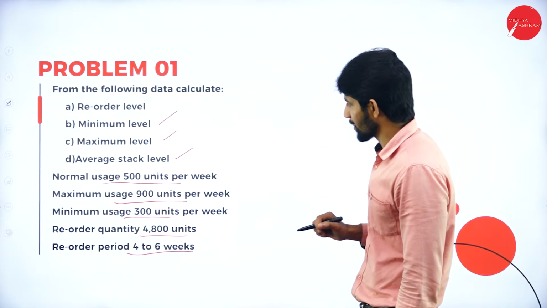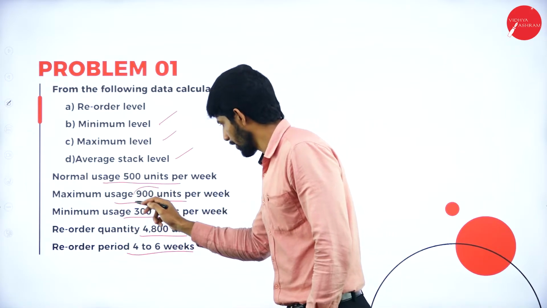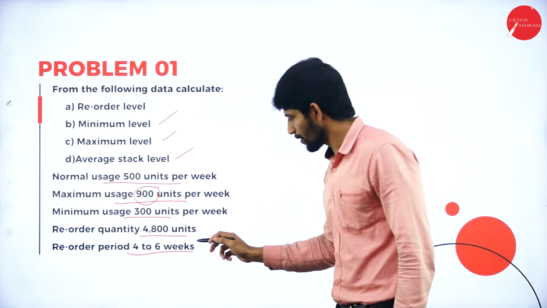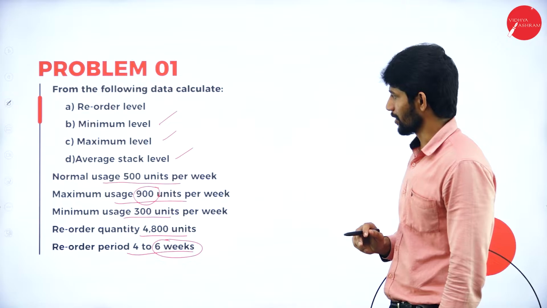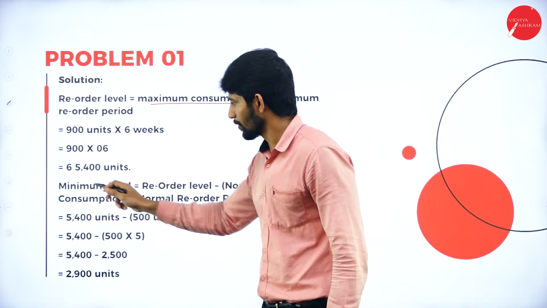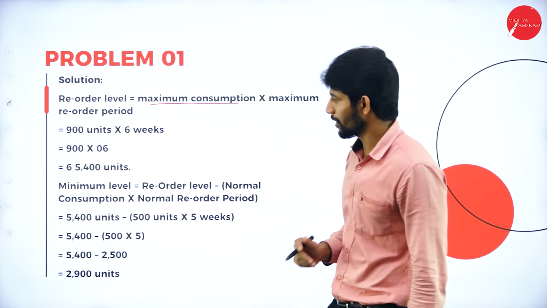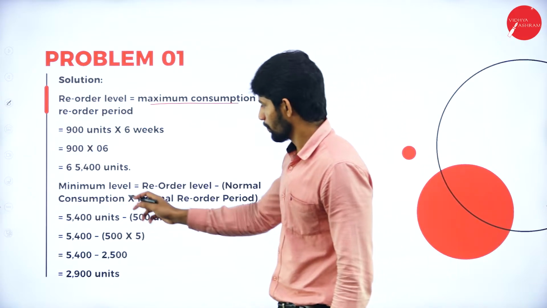Maximum consumption is 900 and the reorder period is 4 to 6 weeks, so maximum is 6 weeks. So 900 into 6 weeks, you will get 5,400 units. So the reorder level is 5,400 units.